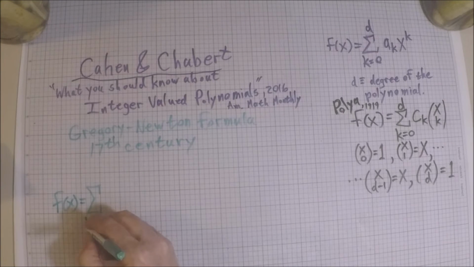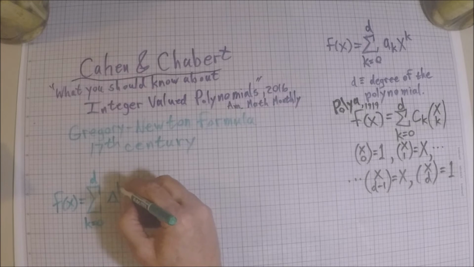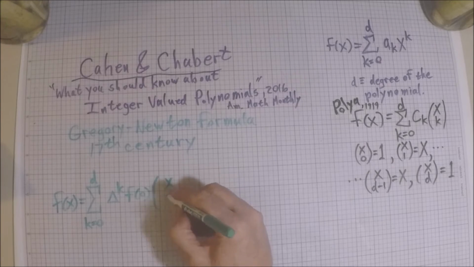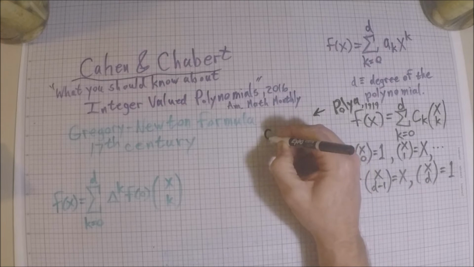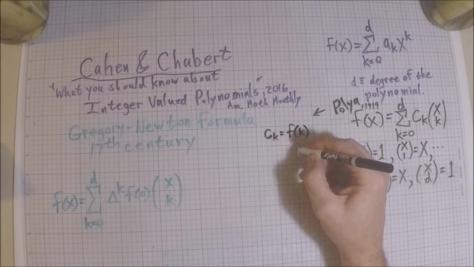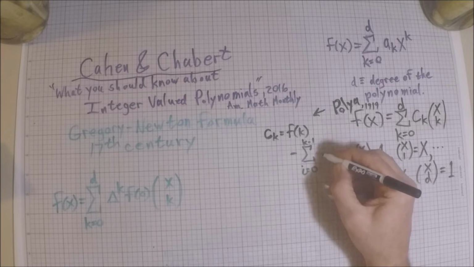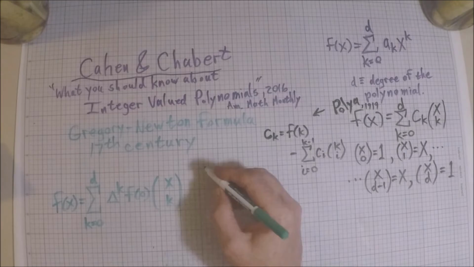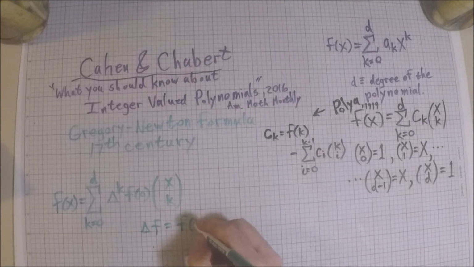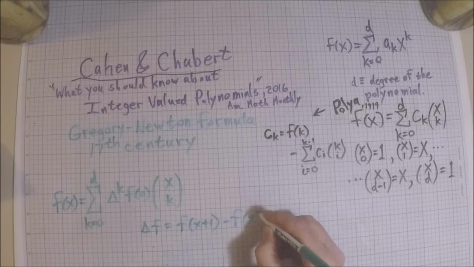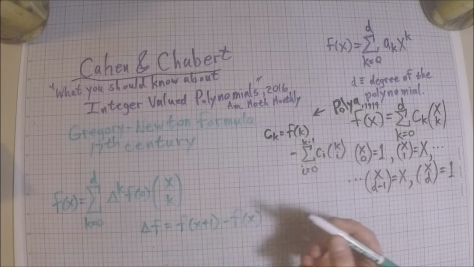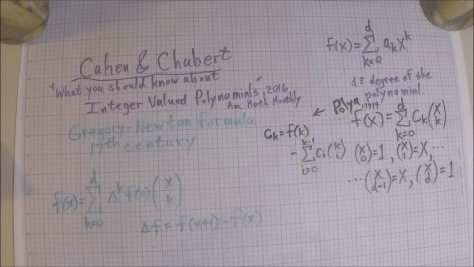Now, Gregory-Newton expressed their formula for the coefficients in terms of the forward difference operator, versus Polya's formula with each ck determined by fk minus this squirrely little sum of the previous coefficients multiplied by binomial coefficients k choose i, versus Gregory-Newton, where the recursive definition uses delta k of f, which is defined recursively in terms of delta k minus 1.